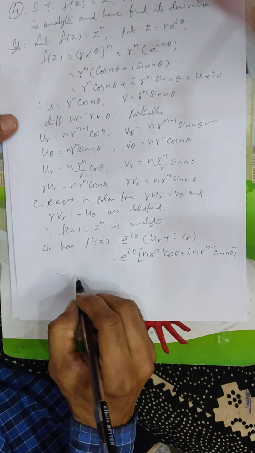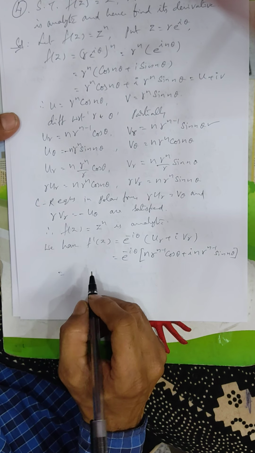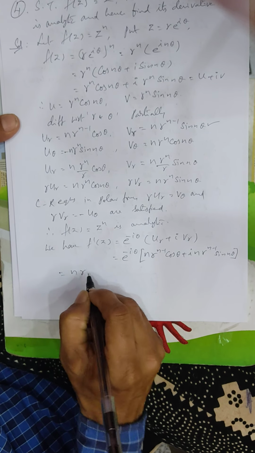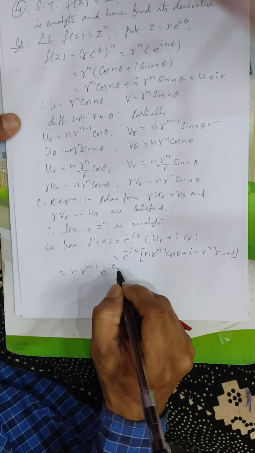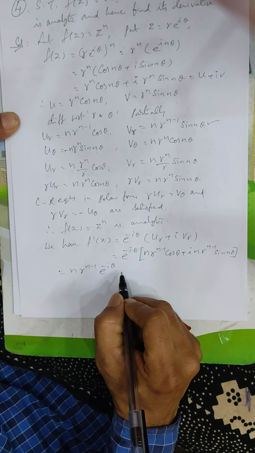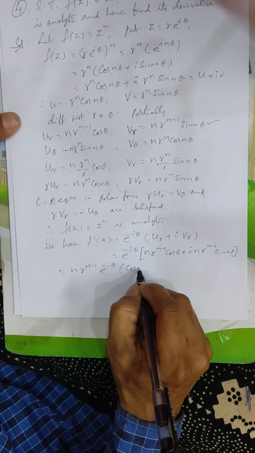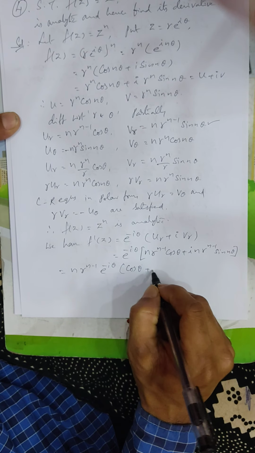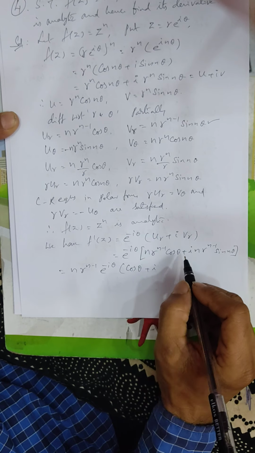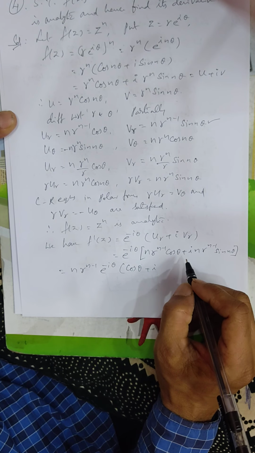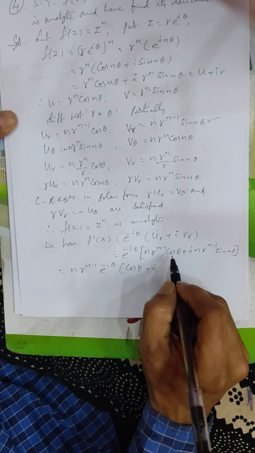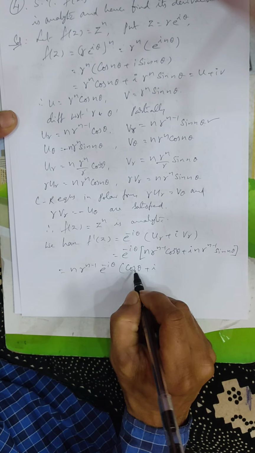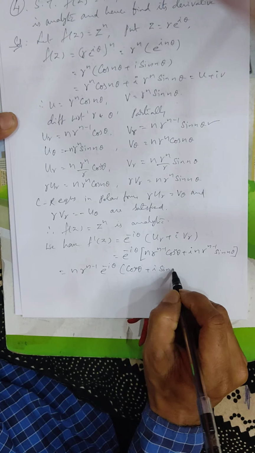So that is equal to, what is common here? n into r power n minus 1 is common, and e power minus i theta, keep it outside, we get cos n theta plus i sin n theta.